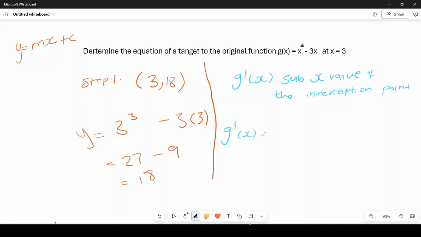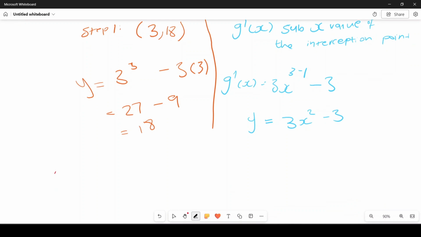So it will be this 3 multiplied by the coefficient of x, which is 1. So this is 3x. Remember, on your exponent, you subtract 1. And the derivative of minus 3x is minus 3. So as a result, my derivative here will be 3x squared minus 3.